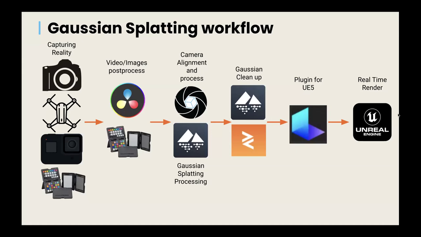So this is the Gaussian splatting workflow. As you can see, it's pretty much the same as the photogrammetry workflow. The only real change is the processing of the images, because instead of using Metashape or RealityScan, you use something like Jawset Postshot, or something like SuperSplat, or I don't know the other names.